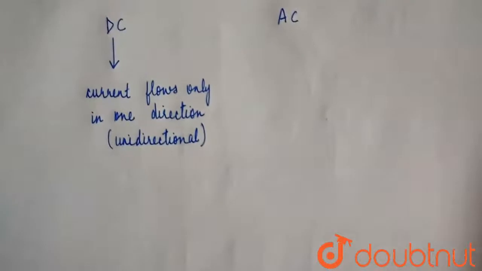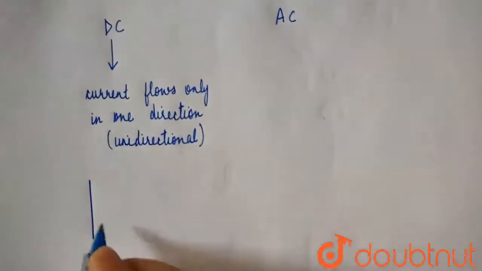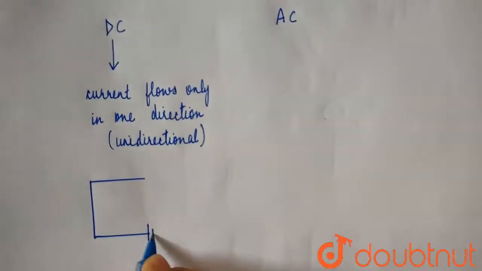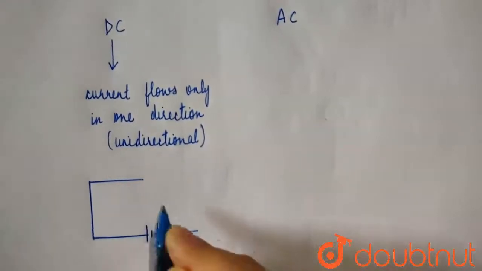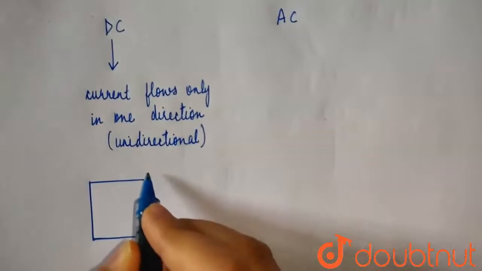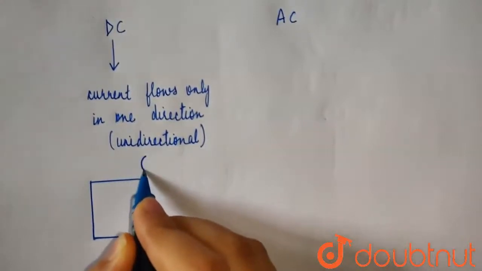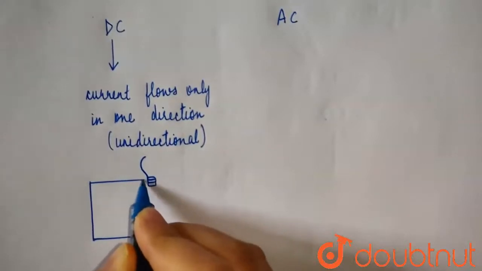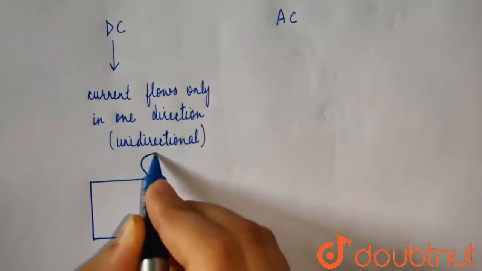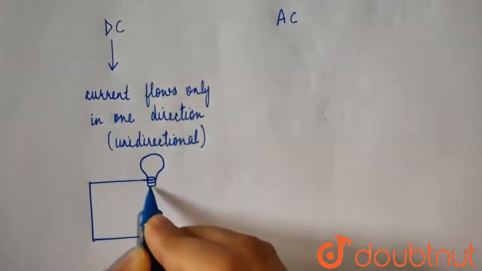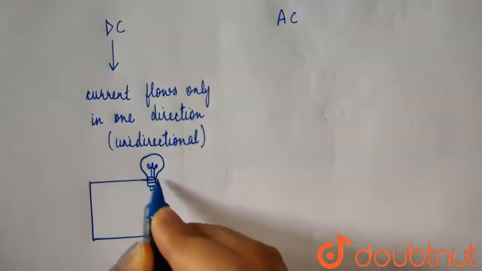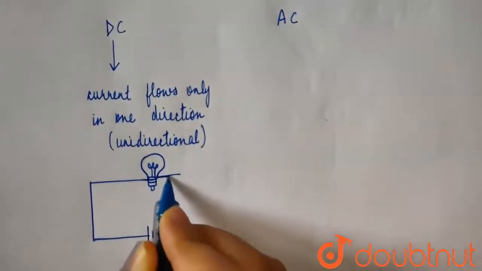Let's draw a diagram. Suppose this is our circuit. This is the battery, and this is our bulb. We have connected it to a DC supply, something like this.